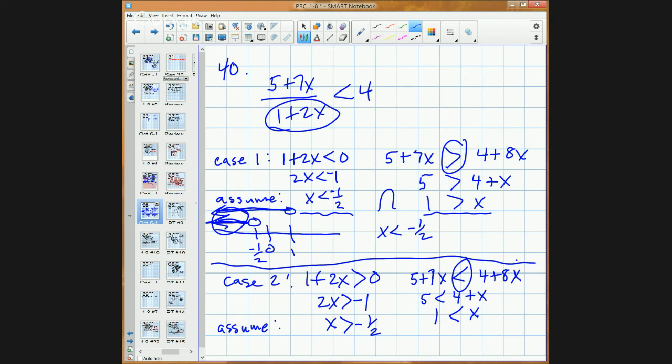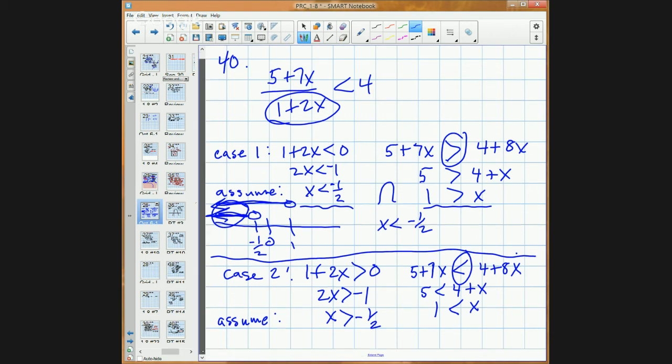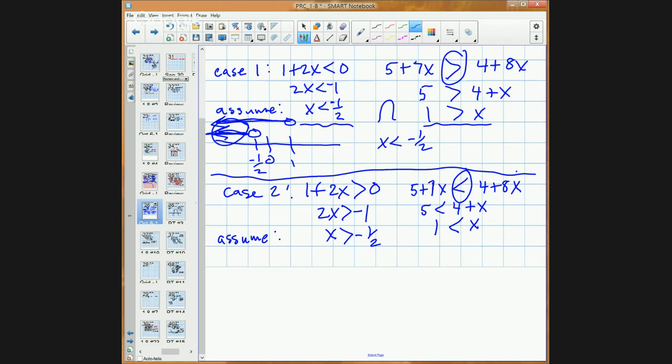I gotta take my keyboard off here. And let's make a little more space. So I need to make these two compatible now. Our assumption was that x was bigger than negative 1/2, and our answer is that x is bigger than 1. So let me make a quick drawing, a quick graph. So we have, again, 0, negative 1/2, and 1.